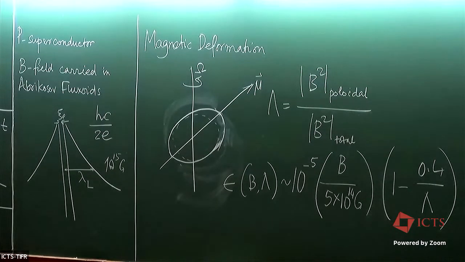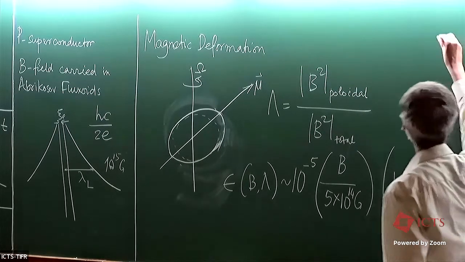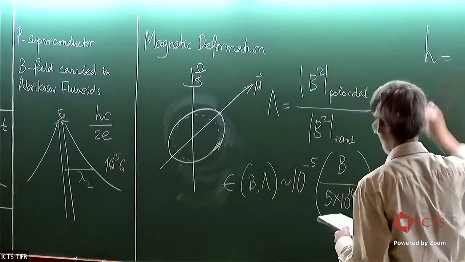And the amount of gravitational wave that we expect to receive from this is h.